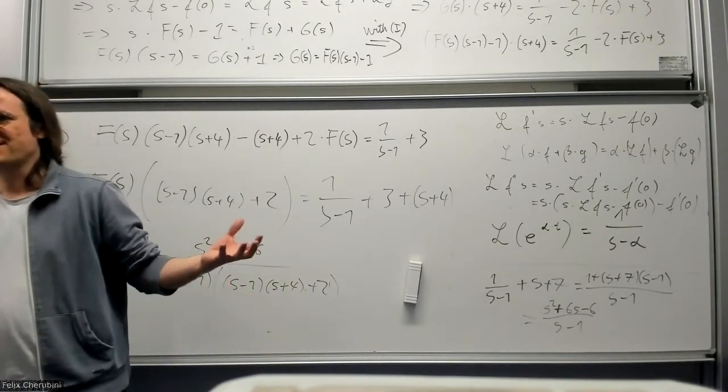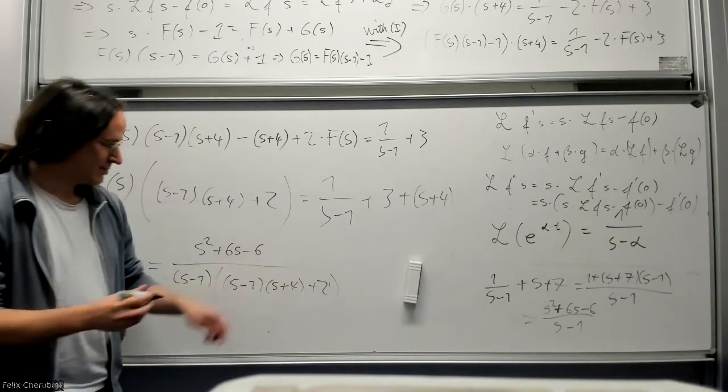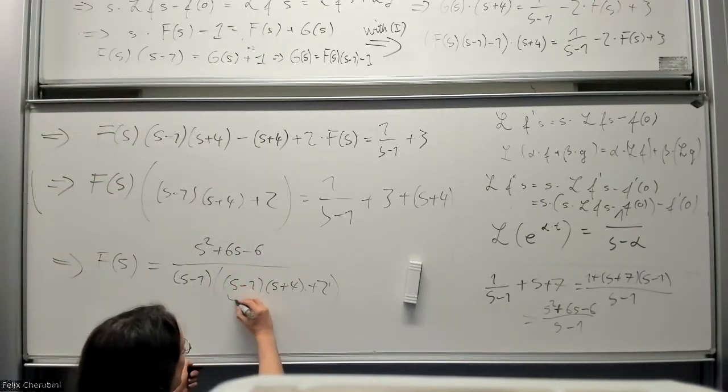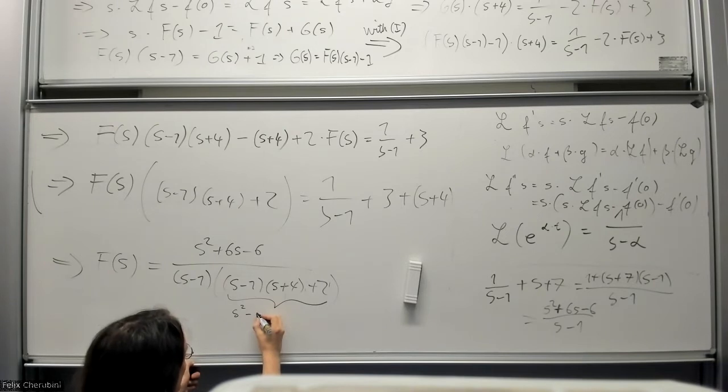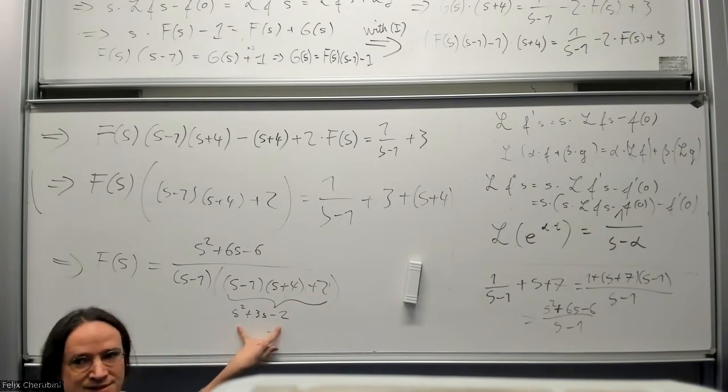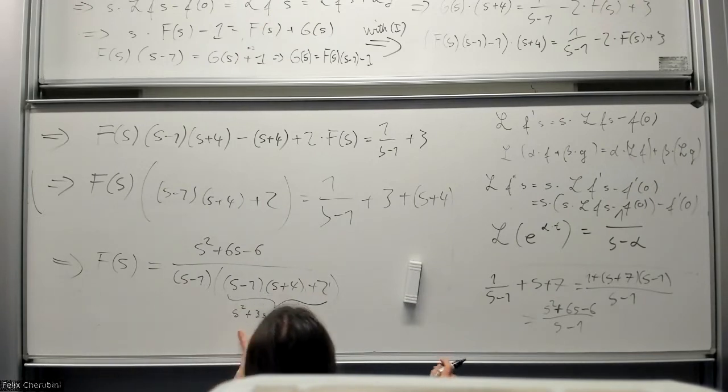So I can just turn it into one by multiplying out and factoring again. So I could say s squared minus s plus 4s, so plus 3s. Minus 4 plus 2 is minus 2. So I can factor this one.